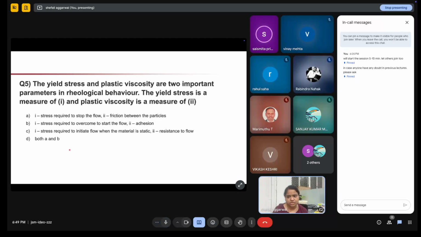Yield stress is the stress required to overcome the start of flow, to initiate flow when the material is static, and plastic viscosity is friction between particles, adhesion, resistance to flow. What do you think will be the correct answer? C. Correct. So your yield stress is the stress required to initiate flow and your viscosity is the resistance to flow.